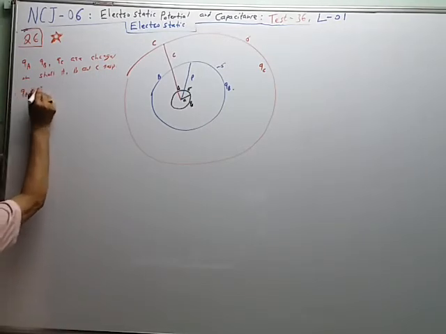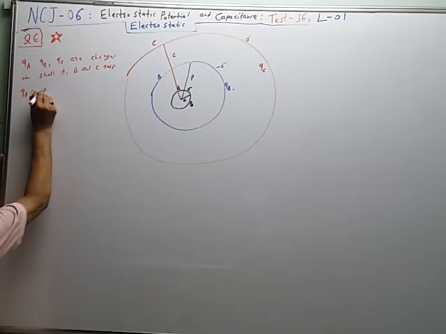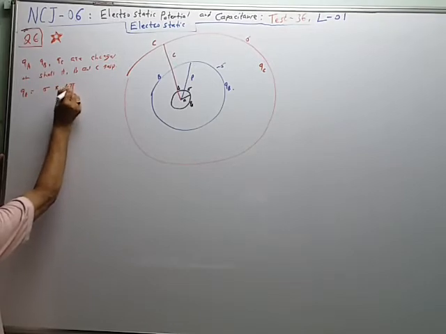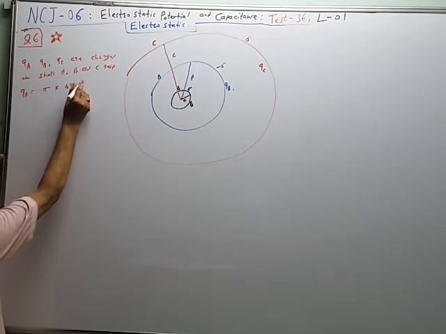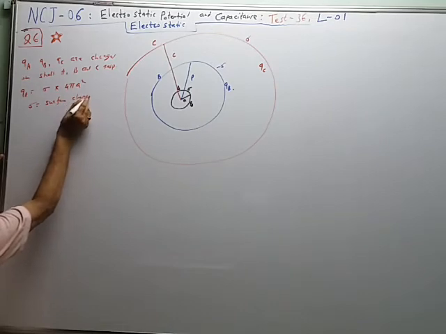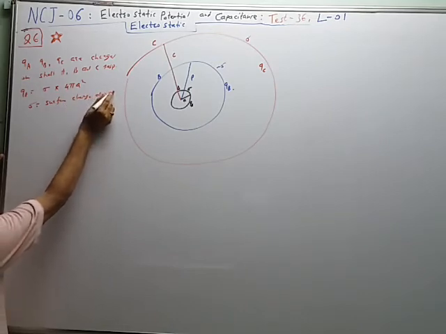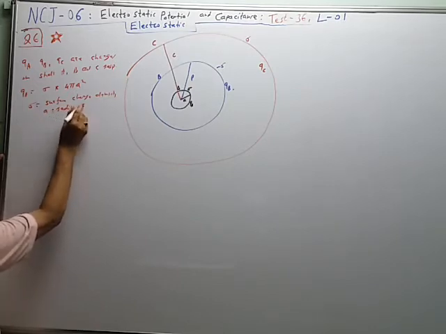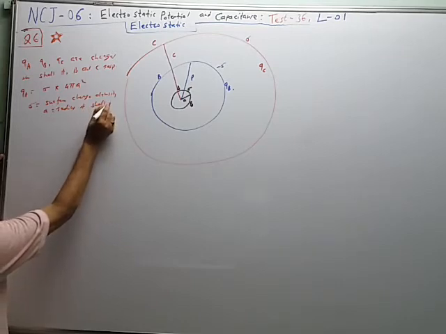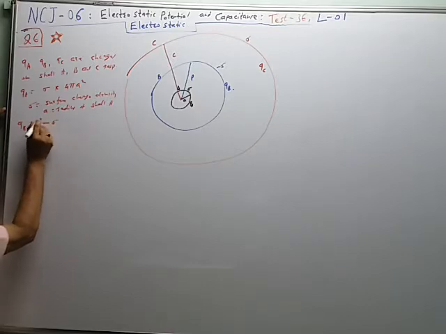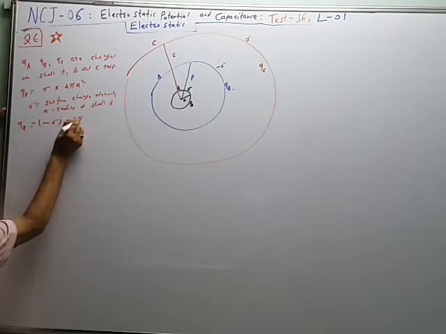Therefore, QA is equal to sigma, surface charge density, multiplied by area 4 pi A square, where A is the radius of the shell A. QB is equal to minus sigma multiplied by 4 pi B square.